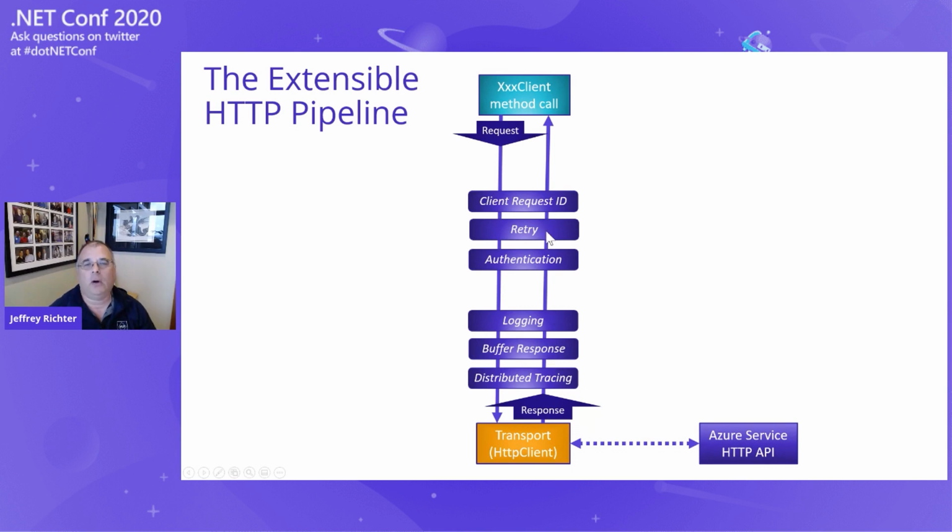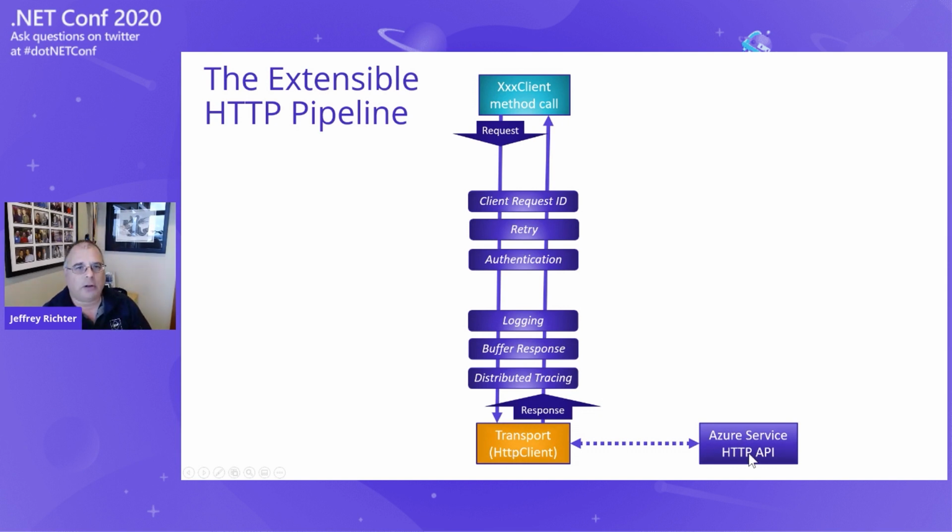That exception will be caught by the retry policy over here. The retry policy will then loop around and it will reissue the request automatically, sending it back through the authentication, logging, distributed tracing policies, and then issue the request again.